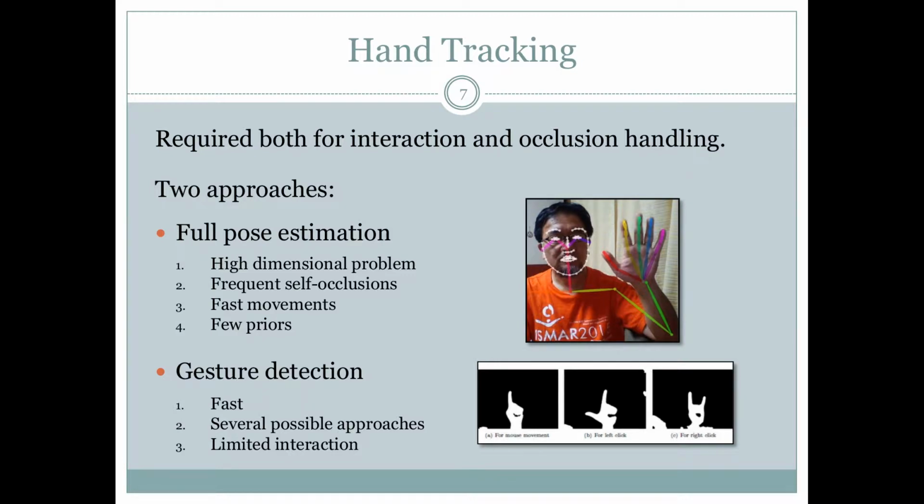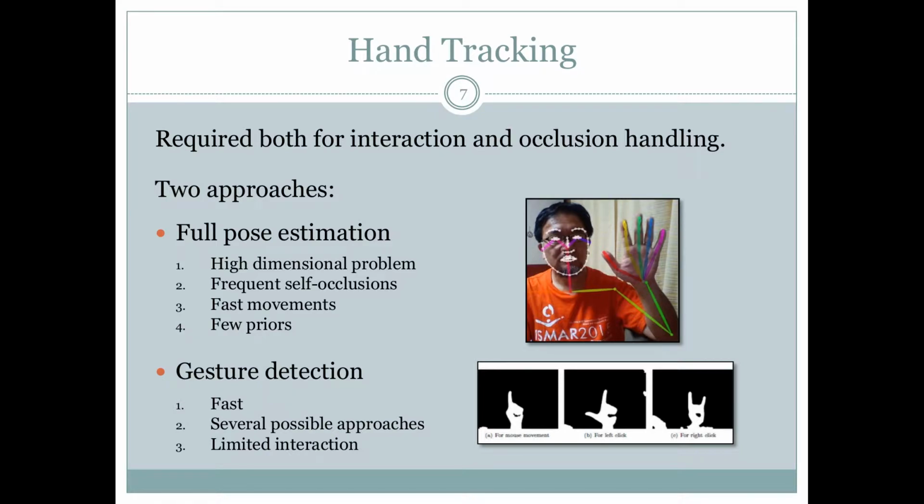Performing full pose estimation is a little bit trickier because there are many problems related to hand tracking, because hands are kinematically complex mechanisms. They have 26 degrees of freedom, which means that there are a lot of parameters to be found in real time.